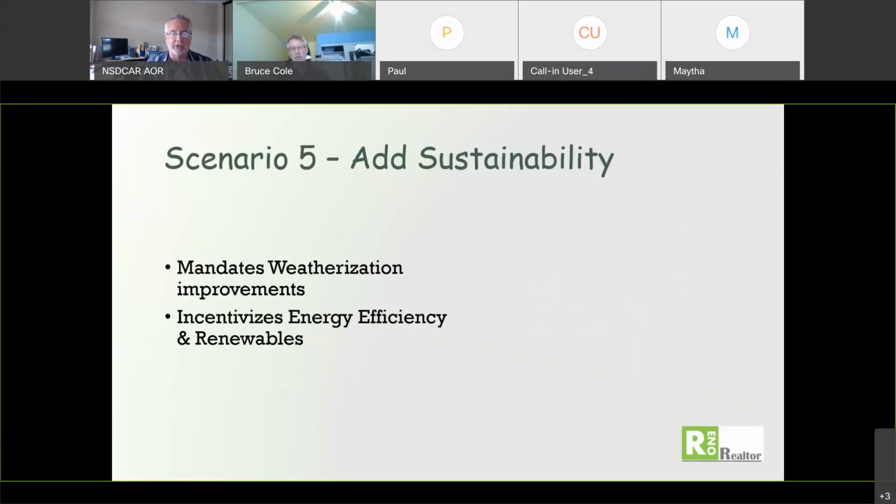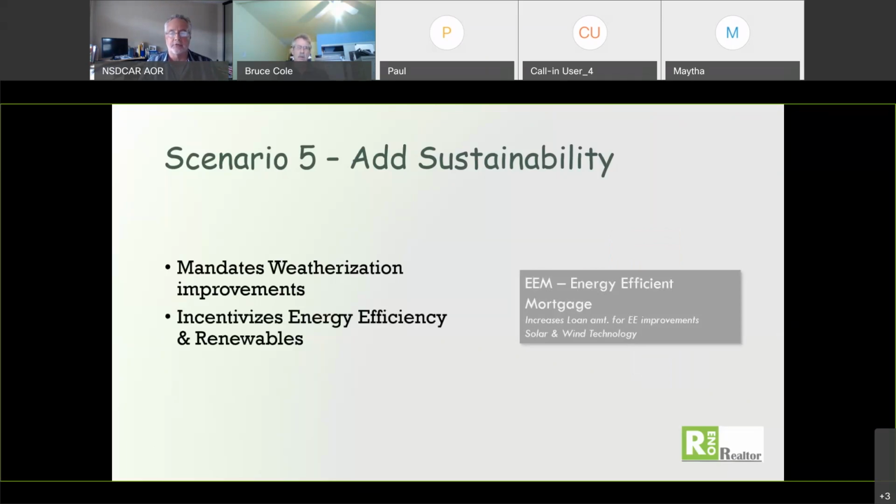One of the other advantages is there's an add-on type of loan called an energy efficient mortgage. Very simply, what it does is allow the borrower to extend their loan qualification amount to do energy efficient improvements.